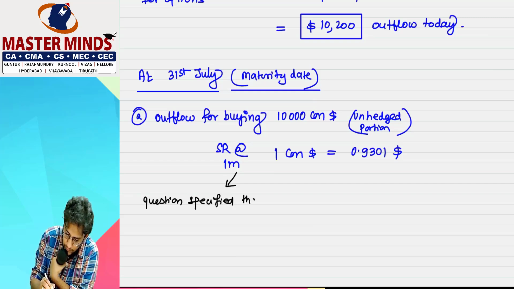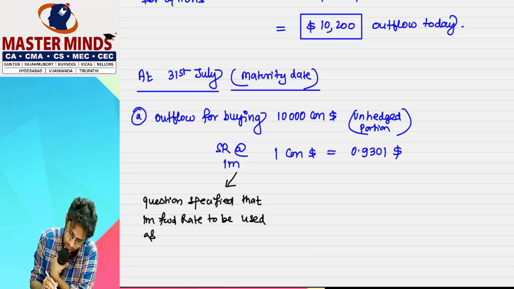Here clearly I am writing, the question specified that 1 month forward rate to be used as spot rate for this purpose.